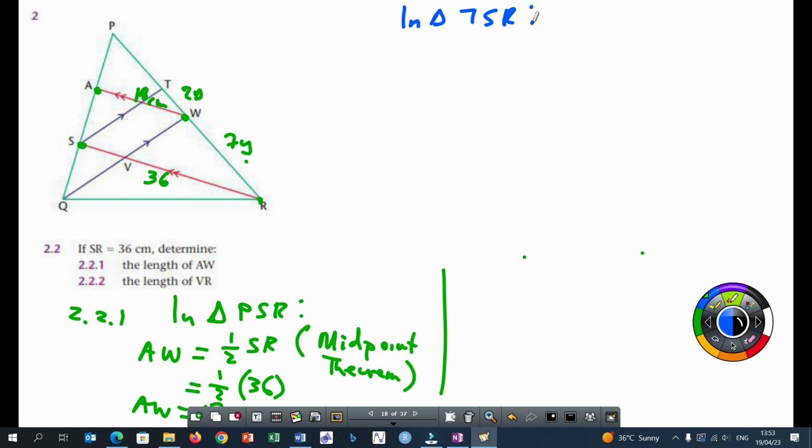Now it's your choice whether you want to make VR the numerator or the denominator. It won't make any difference. If I make SR my numerator, my denominator is going to be VR. You can also make VR the numerator and SR the denominator. There is no special rule here. It's your choice based on what you prefer.